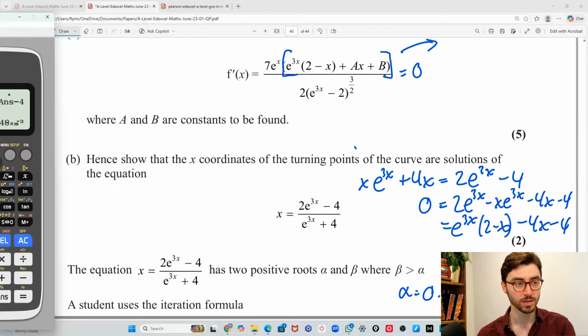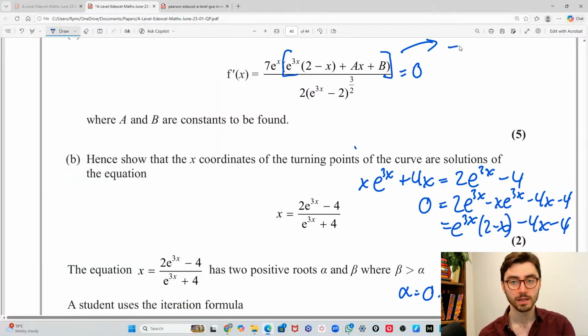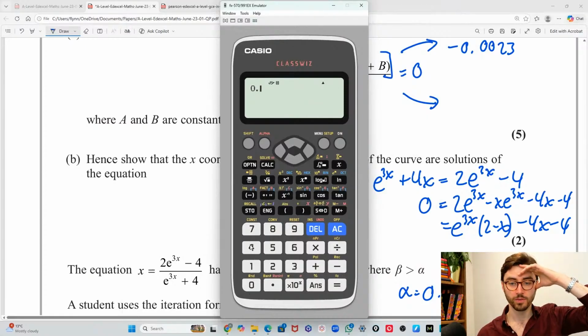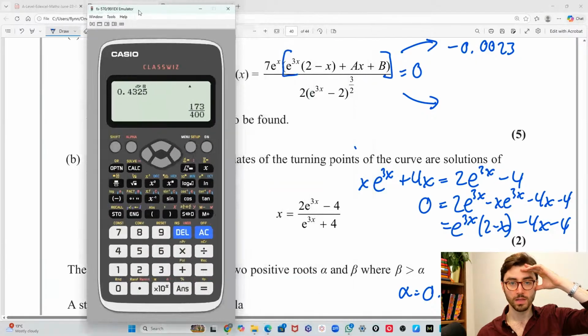I'm going to write down what the answer is: minus 0.0023 when I plug in the first bit. Now the upper bound on that is 0.4325.